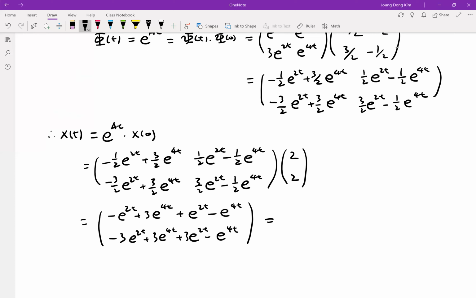Let me simplify: this term is gone, and this one is also gone. So my solution is [2 e to the 4t, 2 e to the 4t]. That's it.